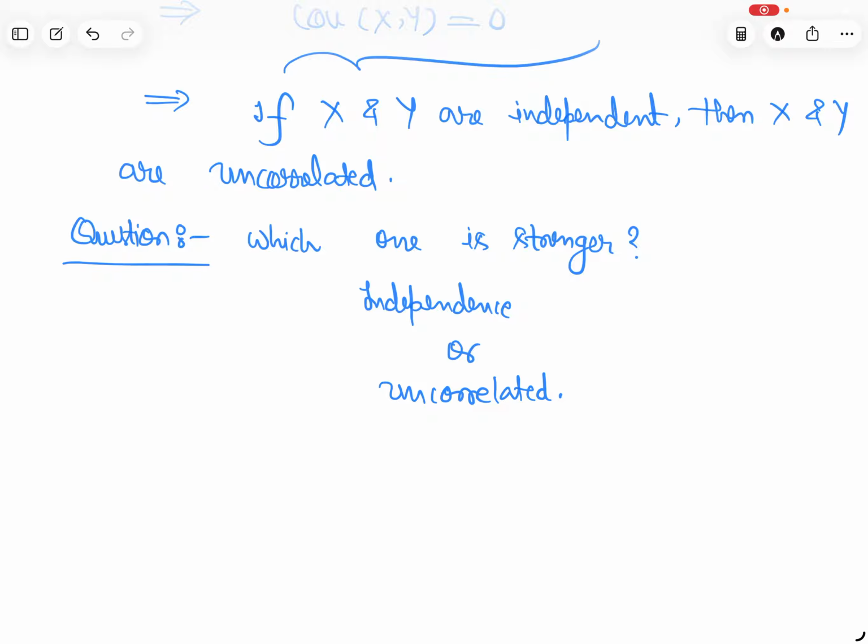Stronger means what? One implies the other. So independent implies uncorrelated. It means independence is stronger. Now my question is whether uncorrelatedness implies independency or not. Answer is no. If x and y are uncorrelated, then x and y need not be independent. I will give an example.